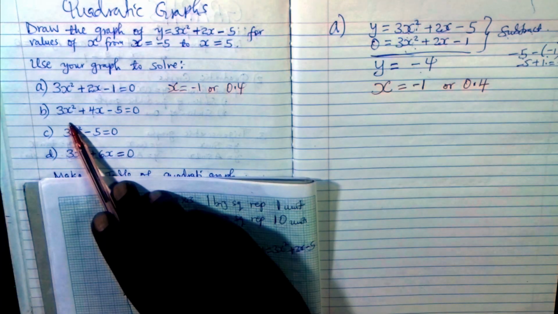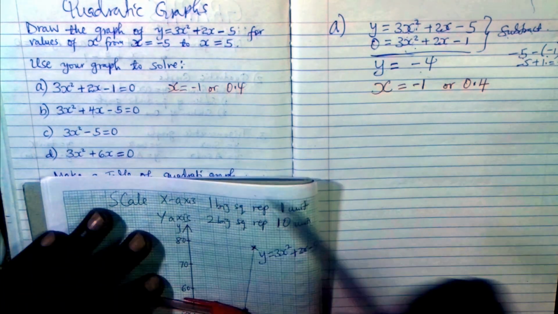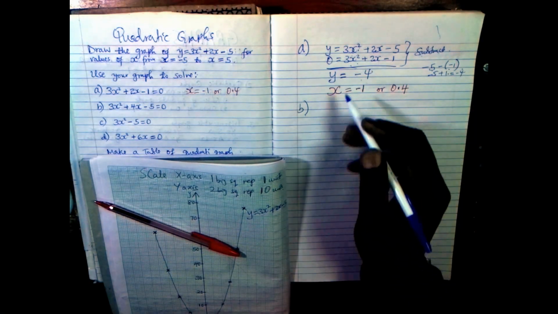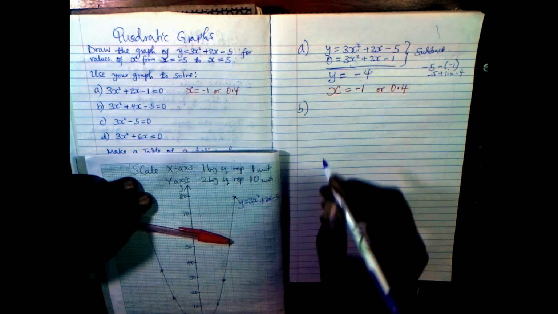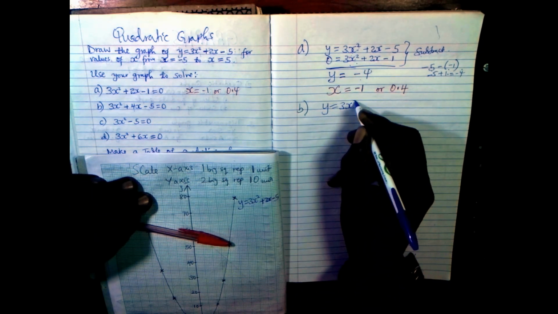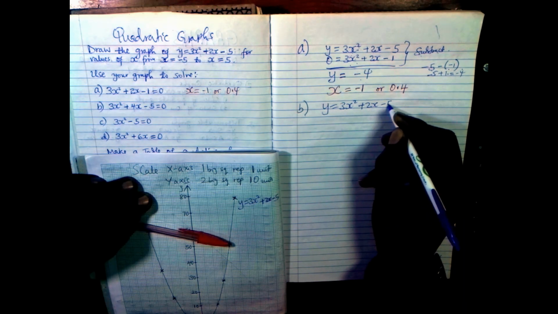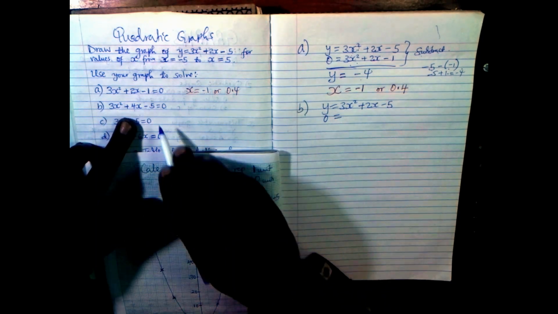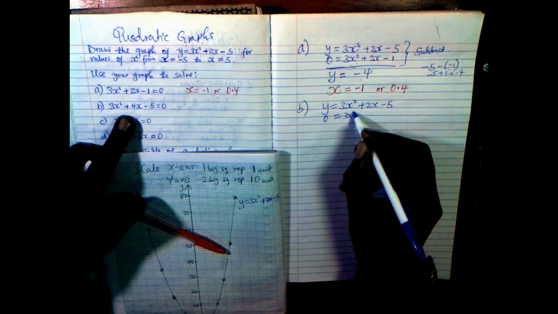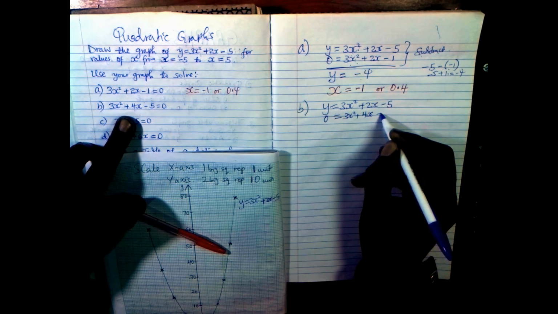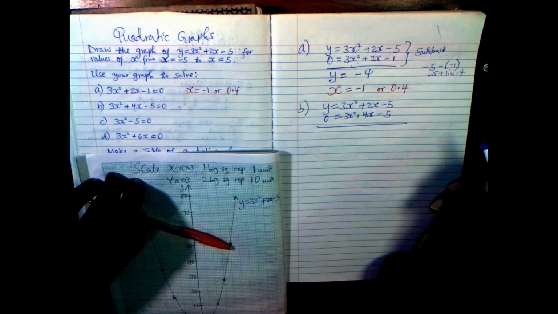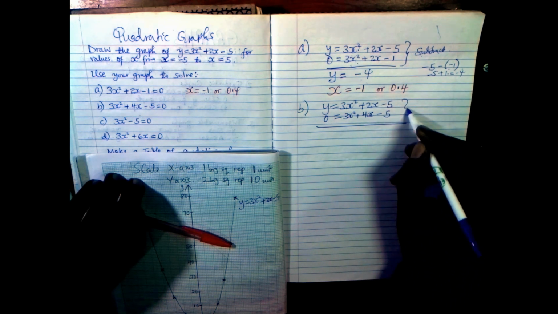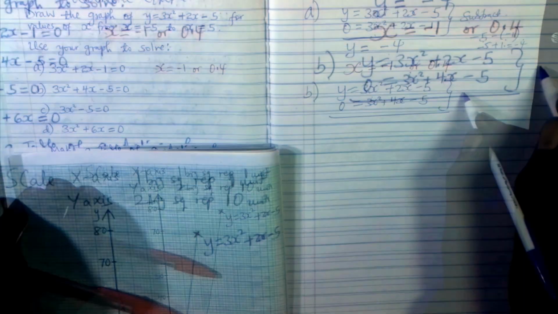Next, again, from what we have been given initially, what we drew was y is equal to 3x squared plus 2x minus 5, and what now we need to solve, say 0 is equal to, can be written in that way, 0 is equal to x squared plus 4x minus 5. Again, we need to eliminate the coefficient of x squared, and again here we are going to subtract.